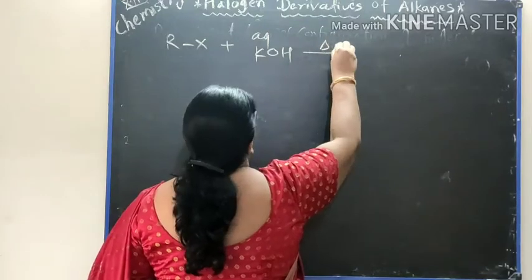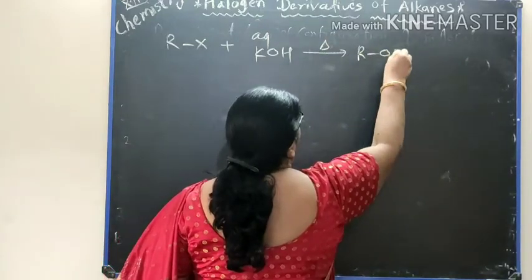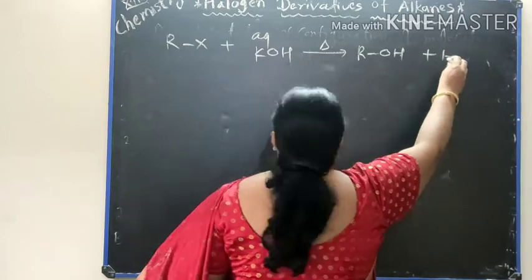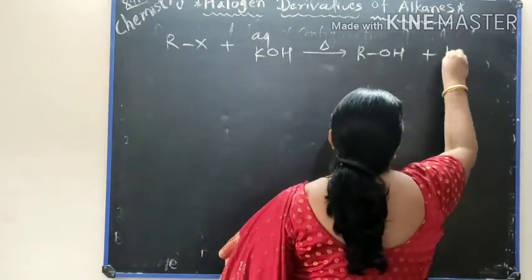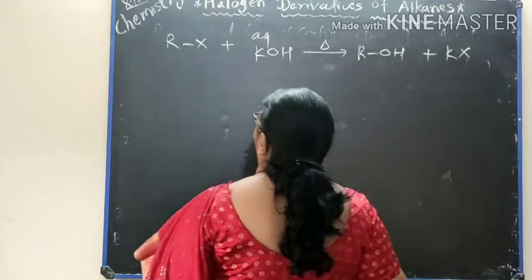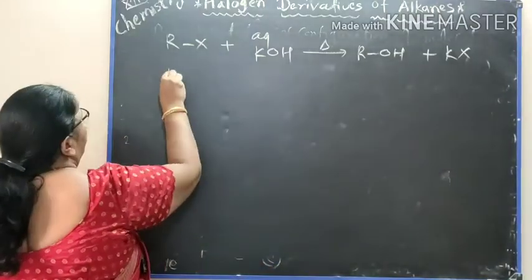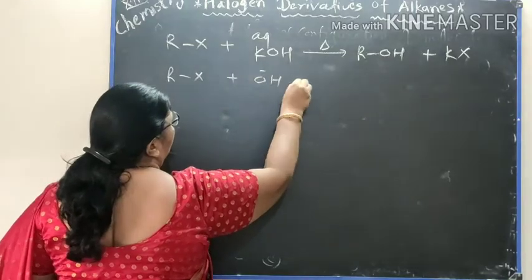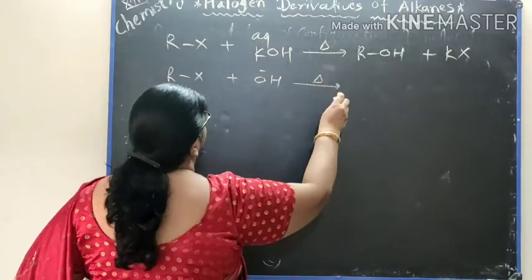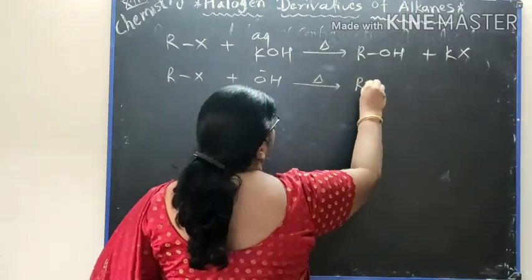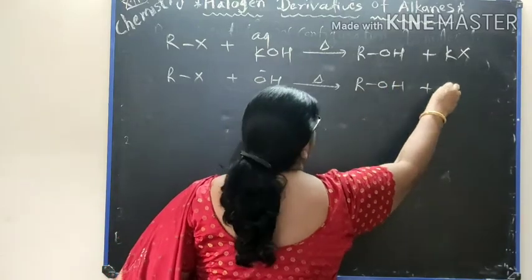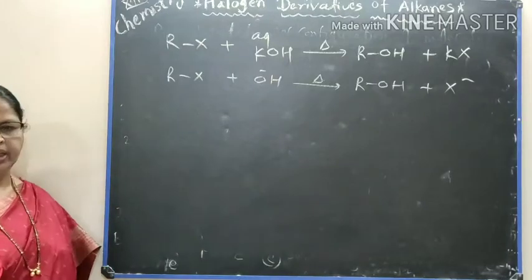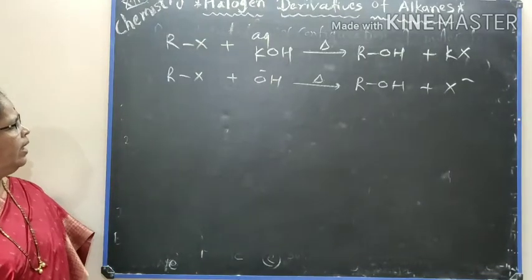After heating, it produces alcohol ROH as well as KX, potassium halide. That means suppose alkyl halide is treated with hydroxyl ions. After heating, mostly it produces alcohol plus X minus, that is halide ions.